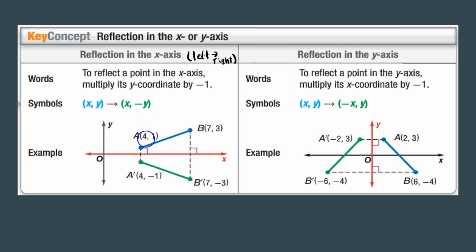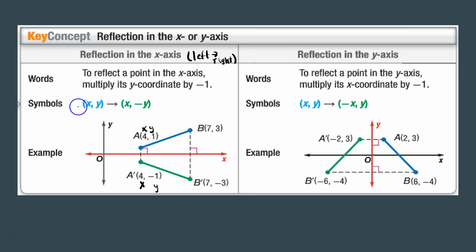So notice here, we have A. We have (4, 1). That's x, and that is y. Well, x does not change, but y, which is 1, becomes negative 1. It's reflected about this point. That way you don't have to measure it every time.